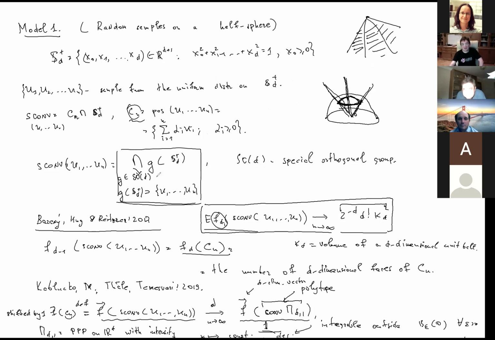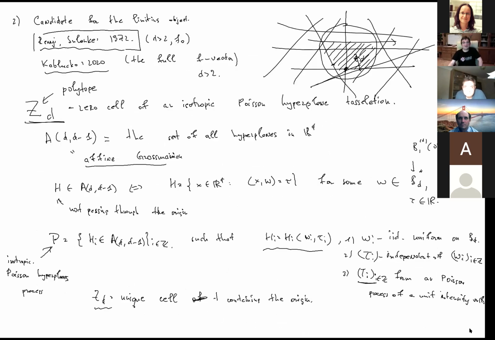The question is, if we now consider, for example, in this model, a set G_n of all rotations g in SO(d) such that g(S^d) plus contains our sample. This is a non-empty subset of our group SO(d) containing the identity, so actually this is some neighborhood of the identity.